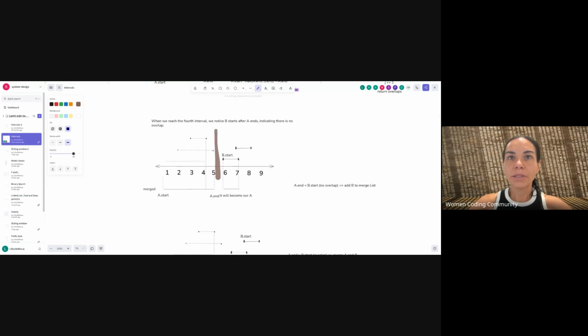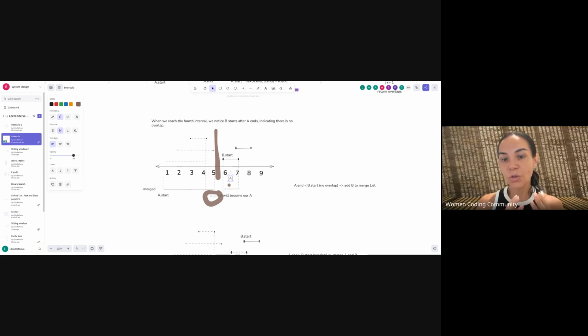What I mean is, after this point, no interval will overlap with the A interval anymore. That's why we are moving to this interval now, and this one will be our new A interval. Does it make sense? Because we sorted them by start time.